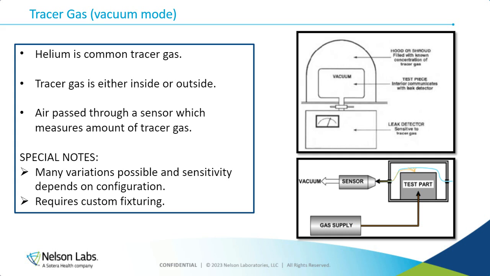There's lots of variations you can do with this, and one really good thing about the helium leak detection is that you can actually isolate closures. In the example of a syringe, you have two closures. You have the cap on the back of where the plunger goes in, and then you have the tip where you would attach a needle. And if you fixture a certain way, you can test each of those independently, whereas the other methods, you can only test the whole container at a time.